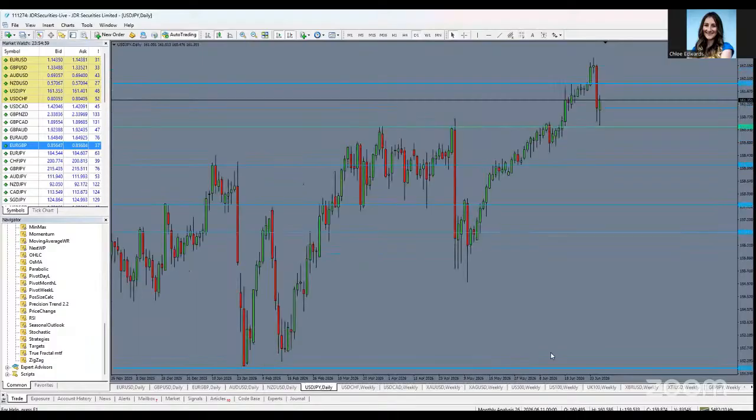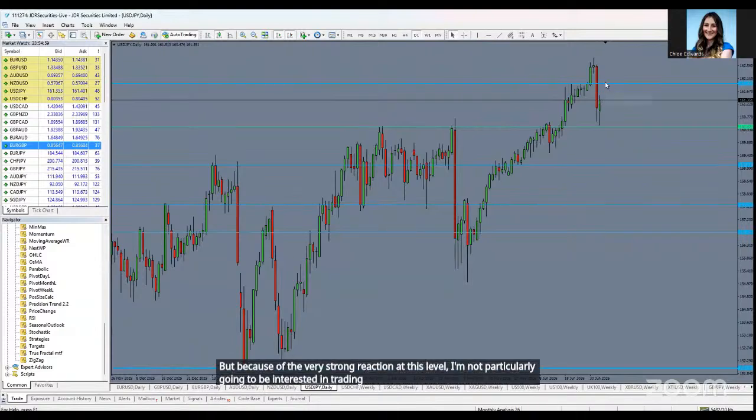But in terms of trend, we do still have higher lows and higher highs. I am still bullish currently, but because of the very strong reaction at this level, I'm not particularly going to be interested in trading long up into that level.